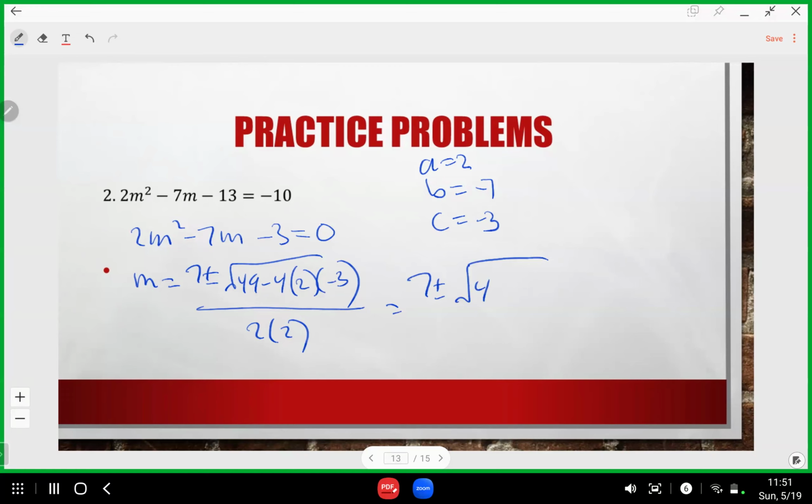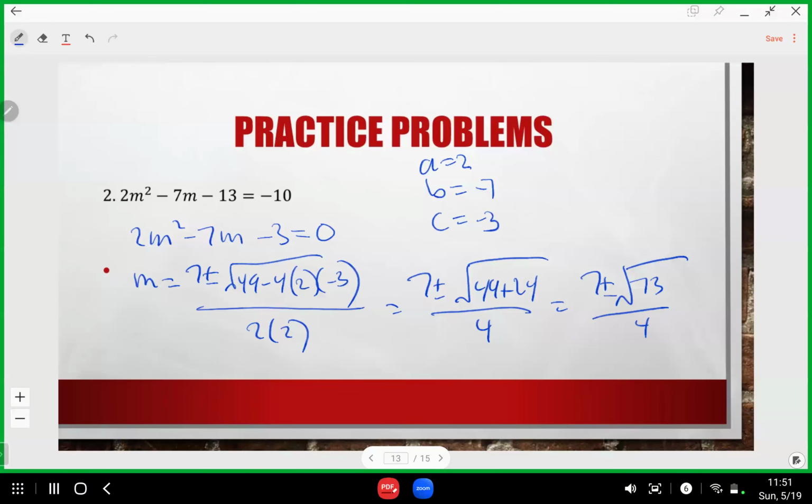So actually, we're going to be adding here. So this is 49 plus something, this plus 24, and that's over 4.